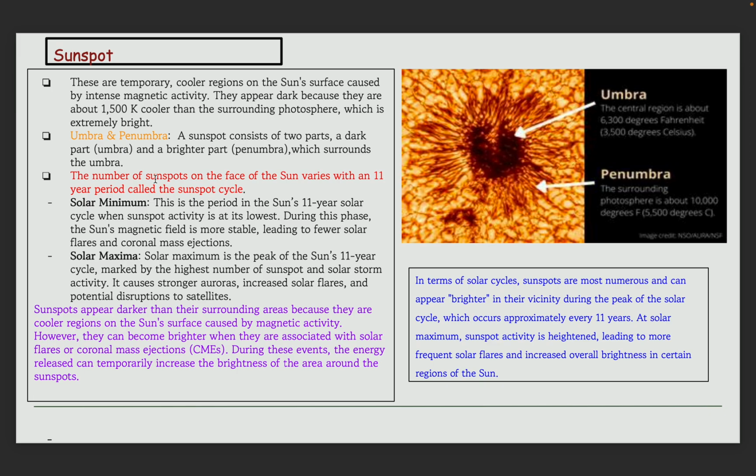The photosphere temperature is about 6,000 Kelvin, and the penumbra is the surrounding photosphere.